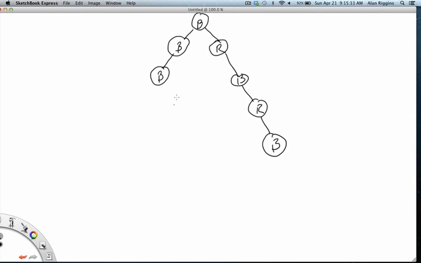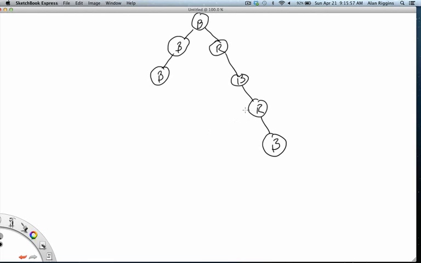This tree is valid. You probably would not end up with a tree like this by doing an insertion, but it's a valid tree. The point here is that there are 3 black nodes on this side and 3 black nodes on this side. We also have red nodes, which are interspersed here and here. What this means then is one side can be twice as long as the other side.